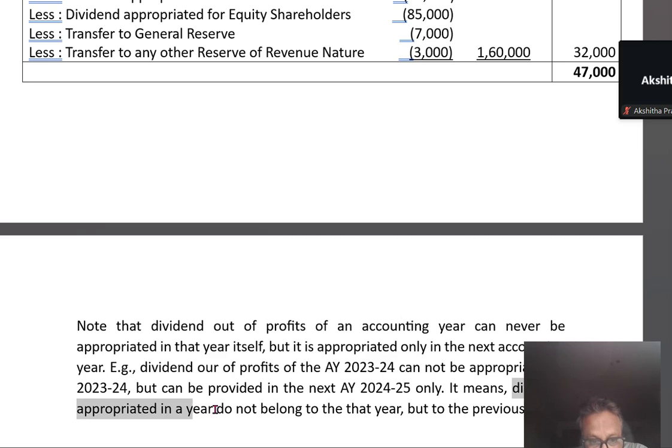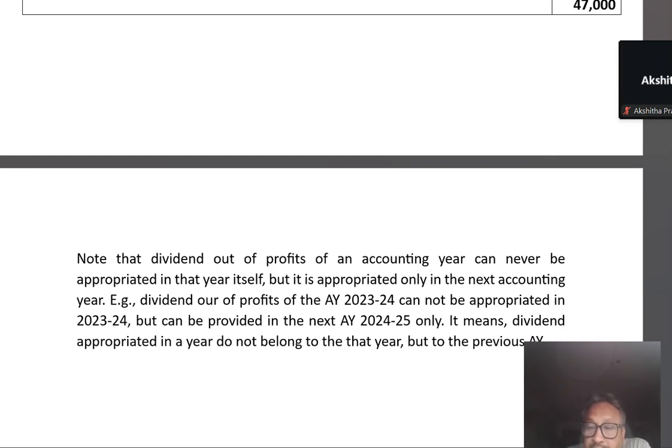Means dividend appropriated in a year does not belong to that year, but to the previous accounting year. Have you understood, guys, or not? Yes, sir.